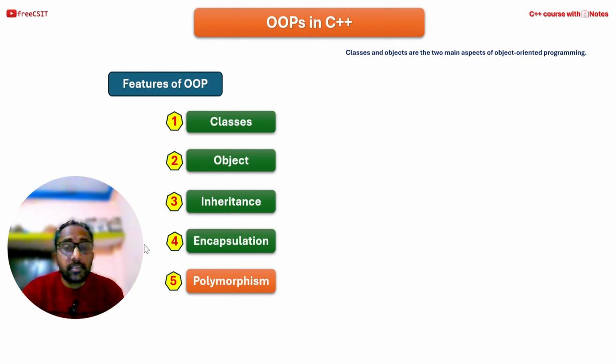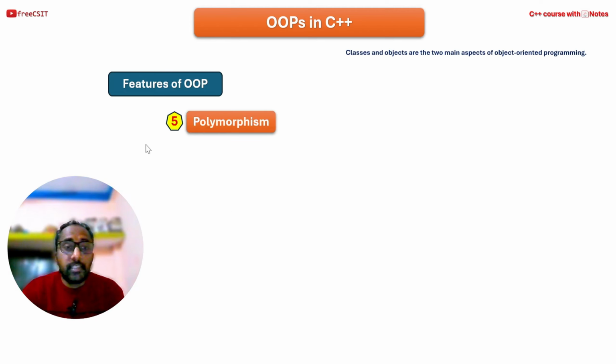Now today we'll discuss polymorphism, which is a feature of object-oriented programming. In this video, I will especially be talking about the polymorphism concept and the types, and how you can write its code and execute the code in the program.